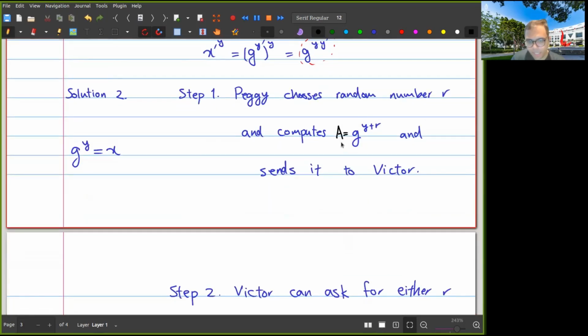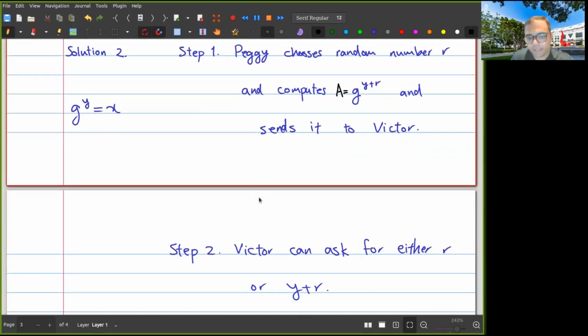Now Victor knows A, which is g to the power of y plus r. Remember y itself is the secret. Now in the next step, Victor can ask for either y plus r, or he can ask for r itself.